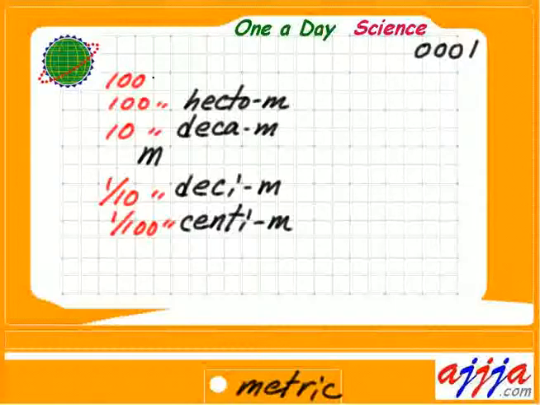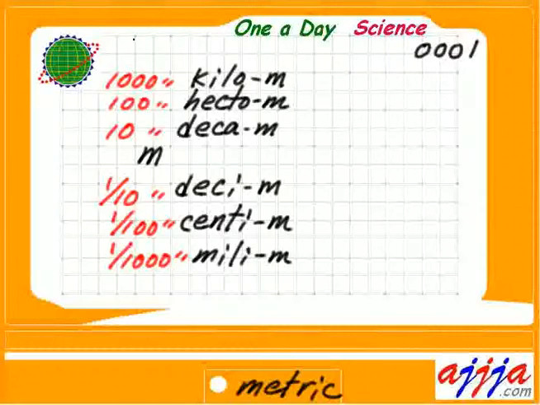So 1,000 meters, or 1,000th, which is 1 divided by 1,000 meters. We call 1,000 meters kilometer, and the 1,000th is millimeter.